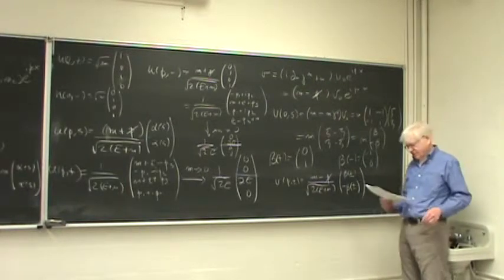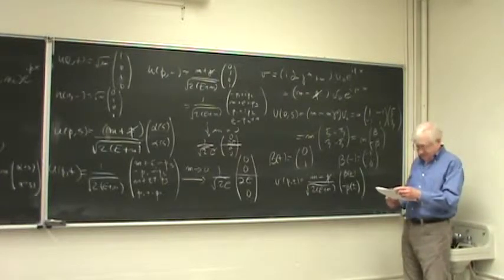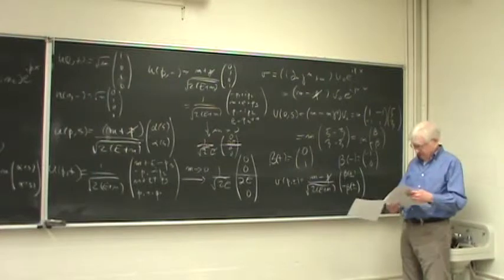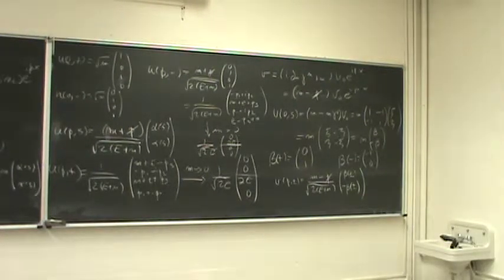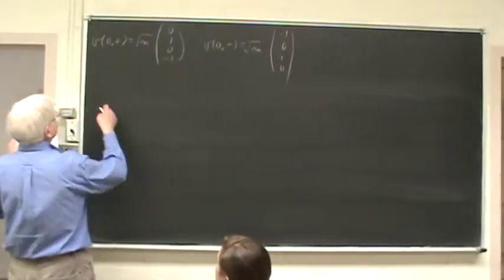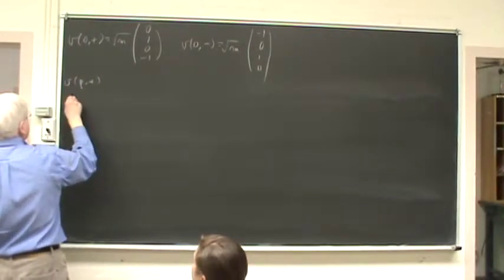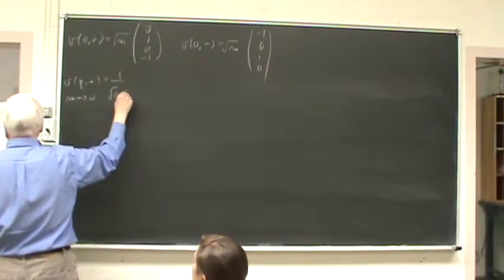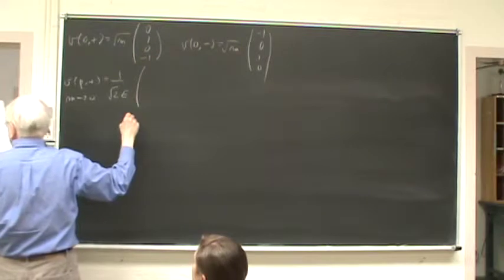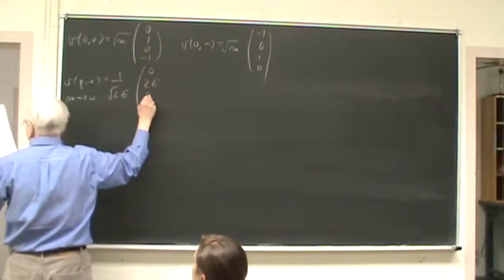Okay, so these are our general spinor formulas. I could write them down. In fact, I did write them down explicitly, and I guess we might as well take the massless limit just on the fly here. So what is V of p plus in the M goes to 0 limit? Well, it's 1 over square root of 2E times (0, 2E, 0, 0).